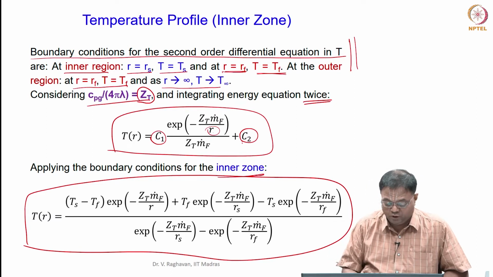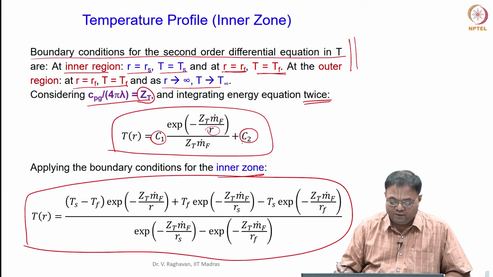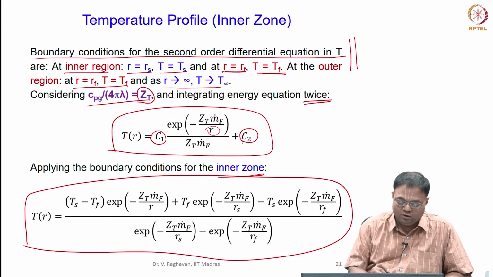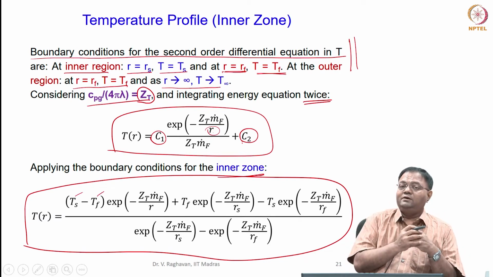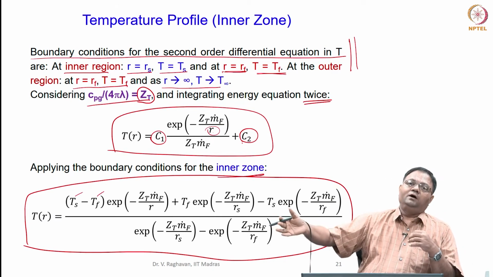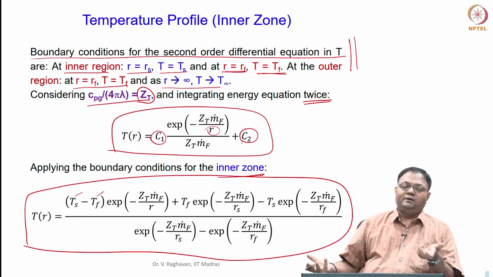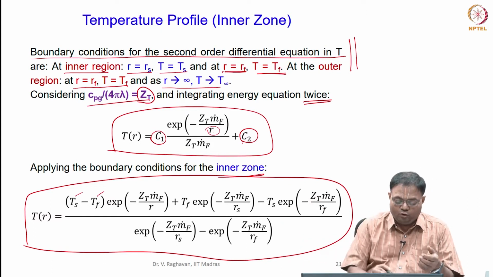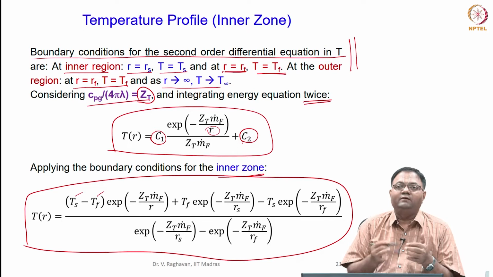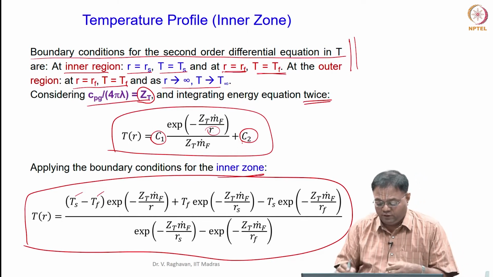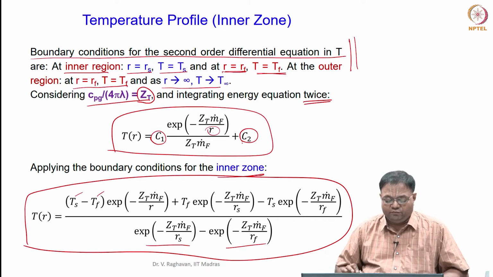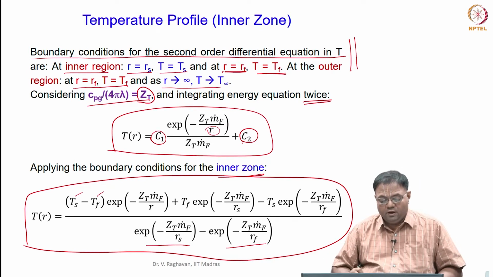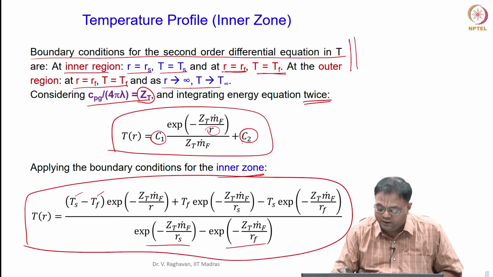So now please see that the temperature profile in the inner zone consists of Ts and Tf, because for the surface the influence of T ambient, T infinity, is gone. So Tf and Ts are the driving force here. So that we have seen here. Now this is the equation I get, a big equation for the inner temperature profile, but please understand that the unknowns here again are mf.